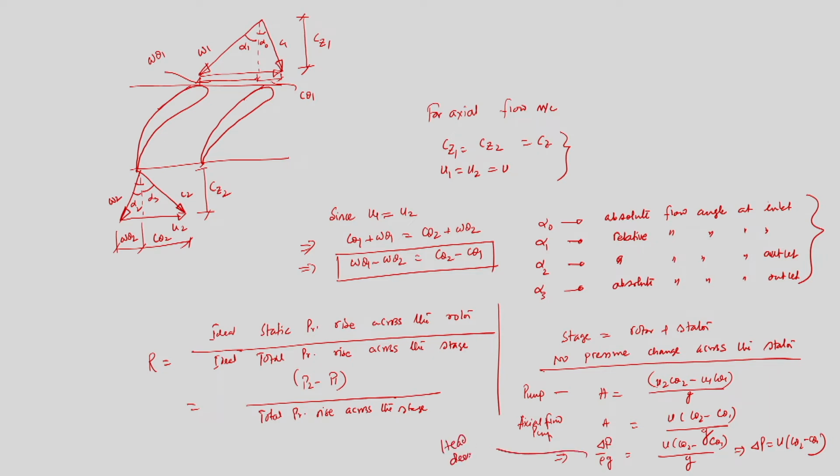This is the head developed. So, for an axial flow pump, the head developed is equal to delta P by rho g, where delta P is the total pressure rise across the stage, because if the stage is rotor plus stator, there is no change in pressure across the stator.